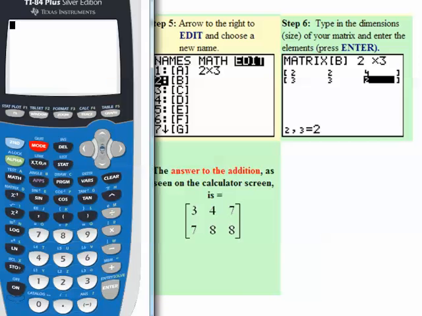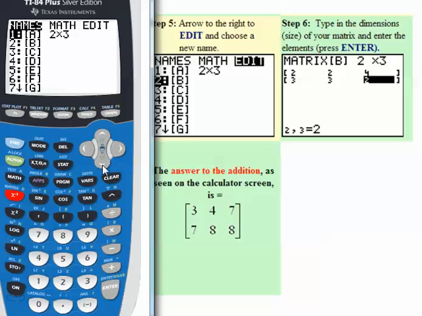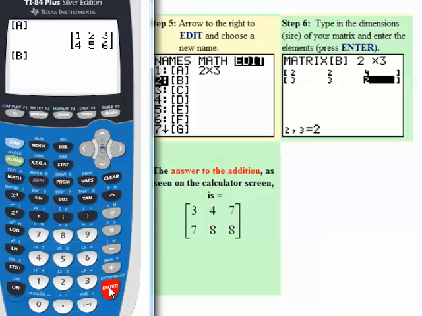Let's see what we can do about adding that matrix to another matrix. I'm going to push second matrix and press enter, and when I do it like that, it actually shows me what that first matrix is. If I push second matrix and go down to B, there's nothing in B. I need to enter my second matrix B in there, don't I?